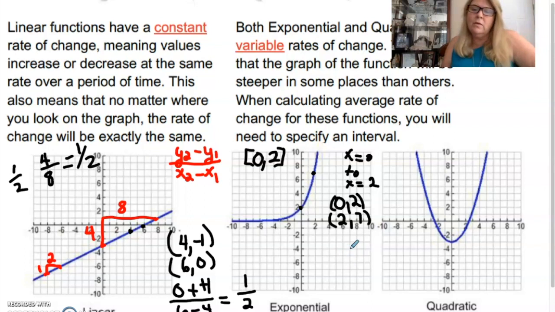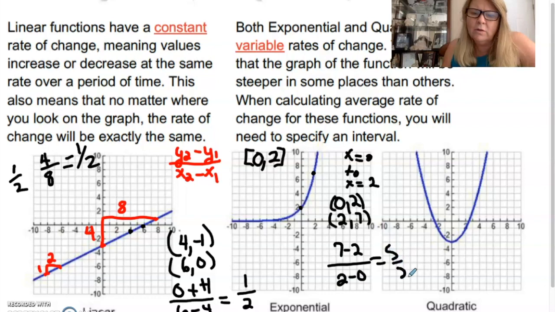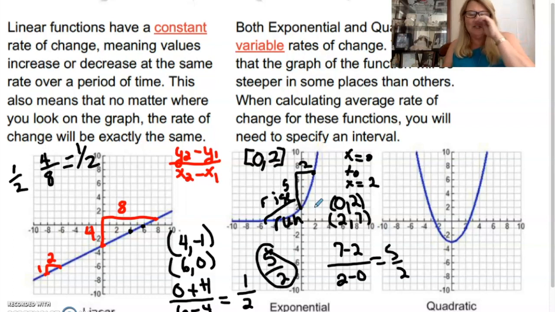When we subtract those, that would be 7 minus 2 over 2 minus 0, and so that would be 5 over 2. Again, you could do the rise over the run. You would rise 5: 1, 2, 3, 4, 5, and you would run 2. Rising 5, running 2. But again, I will caution you, if you do that, make sure you're paying close attention to what your scale is.